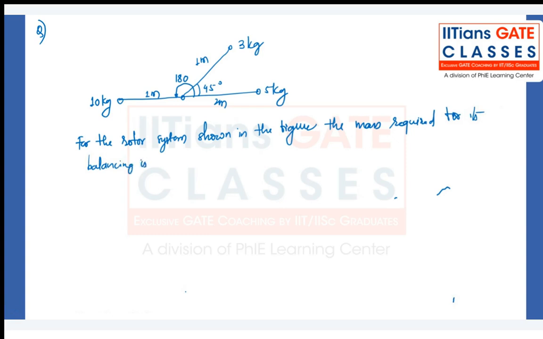Basically you have to calculate mass and, in general, theta. The options are given accordingly. I'll not write the options, but options are like 1 kg at a 2 meter radius and at this much theta. So not just mass and theta, you also have to calculate the radius.